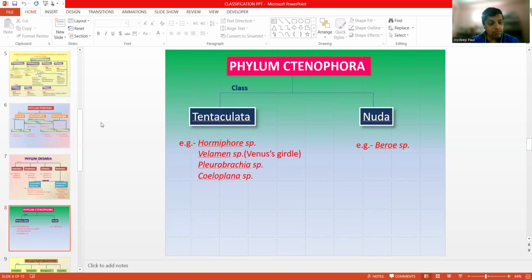They reproduce mainly by asexual reproduction by budding, but the key difference between Cnidaria and Ctenophora is that the Cnidaria show alternation of generation between medusa and polyps, while Ctenophora does not show alternation of generation. Only the medusa form is present.